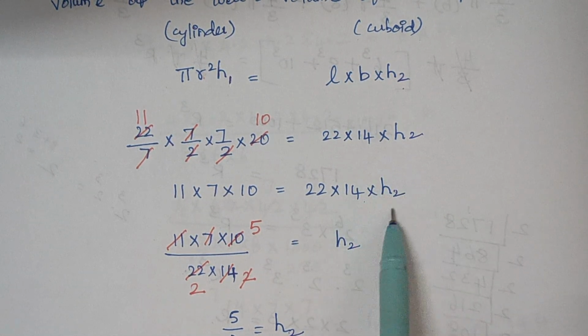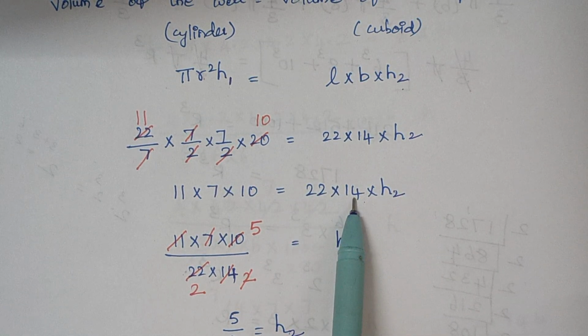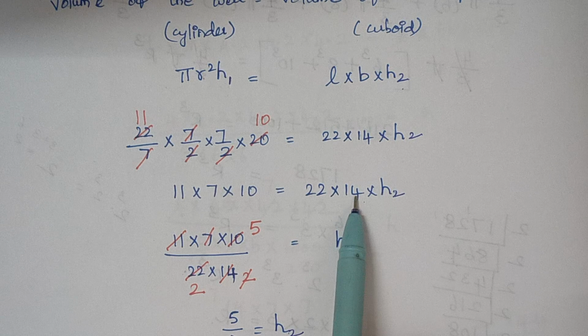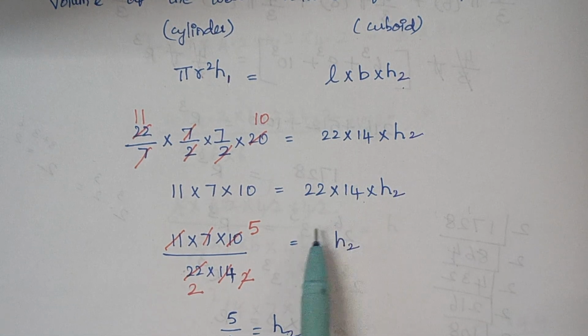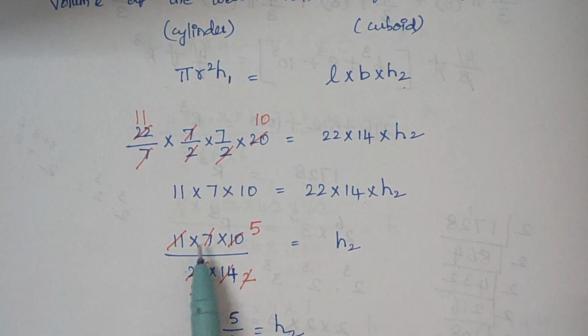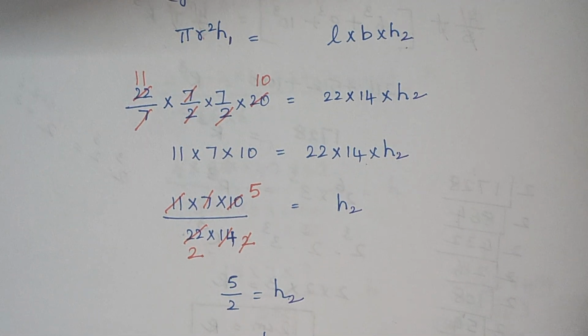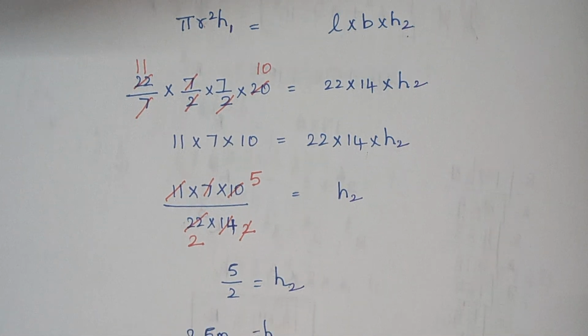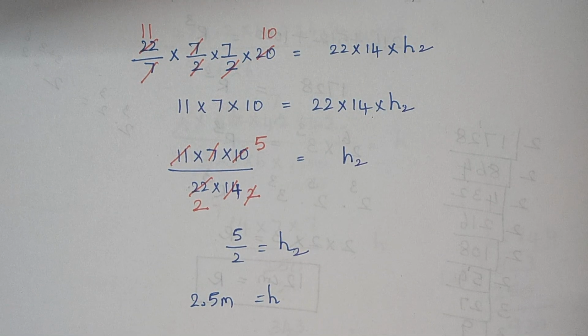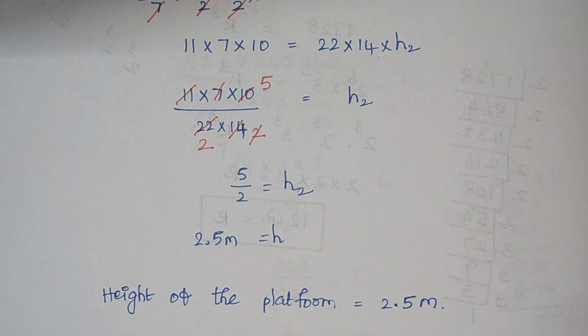Since I need to find h2, I am bringing this 22 into 14 to the left hand side. Here they are in the multiplication part, so I am moving this to the denominator. So here comes 22 into 14. Again when you cancel out the common terms, finally the value of h2 is 5 by 2 which is 2.5 meters. Therefore, the height of the platform is 2.5 meter.